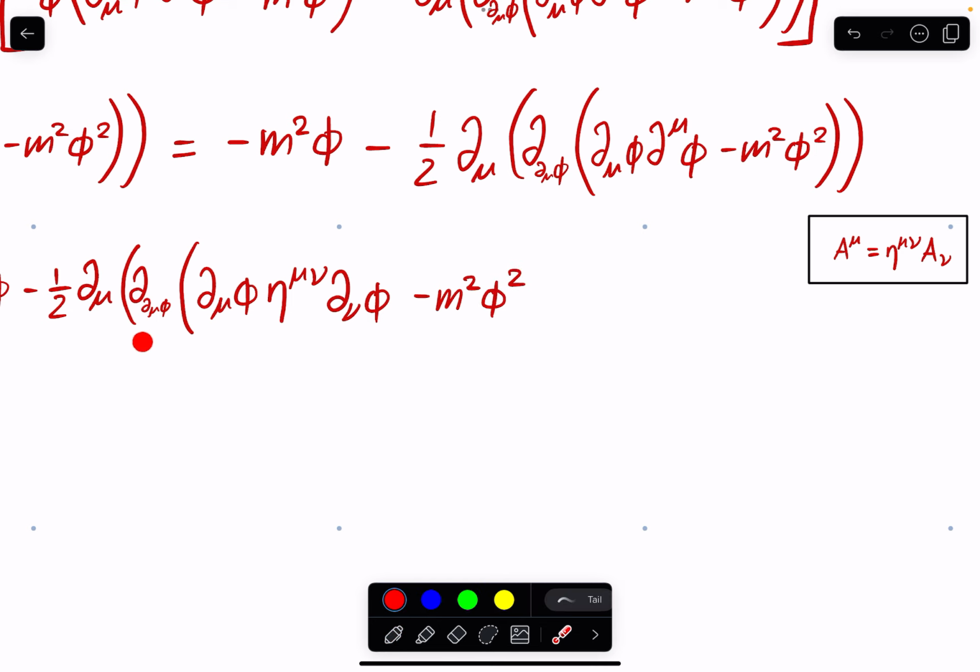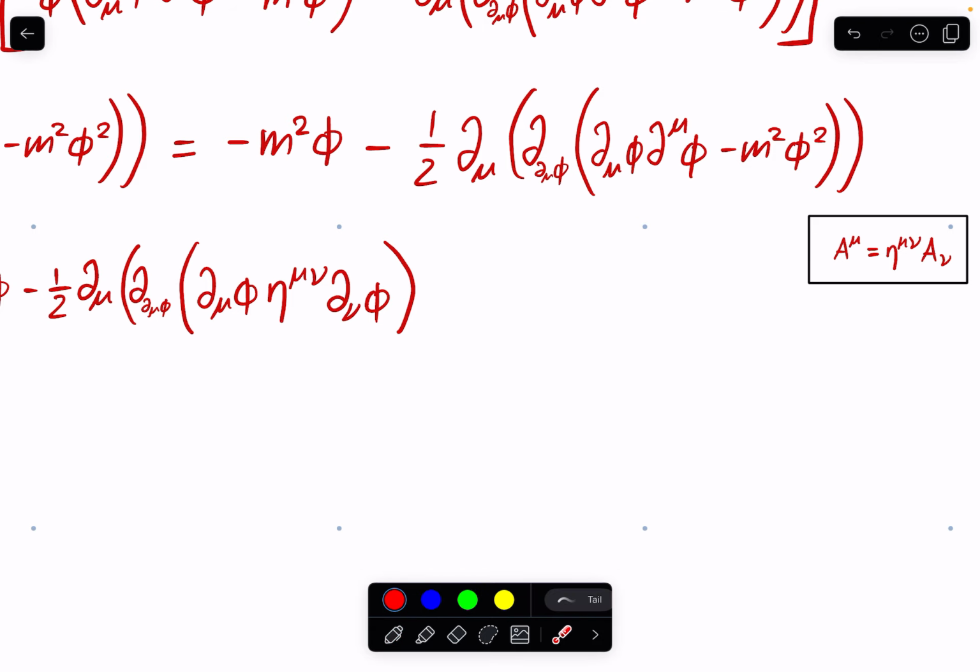Now, because we're taking the derivative with respect to the gradient of phi, I'm going to just ignore this term because it goes to 0. So we don't have to keep rewriting it. So that goes away. That becomes 0.